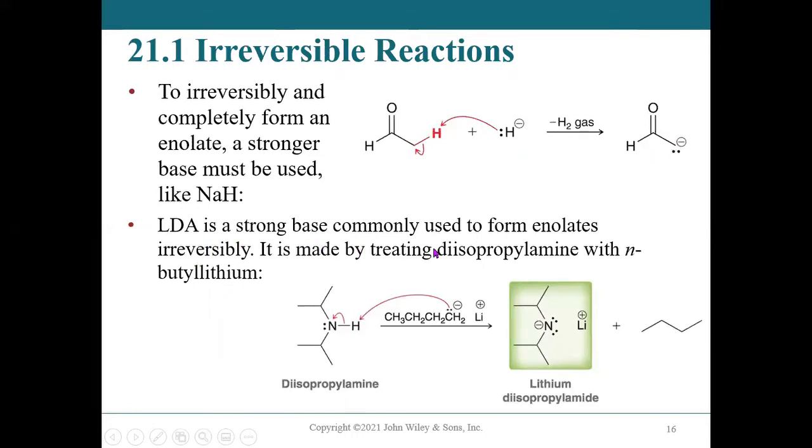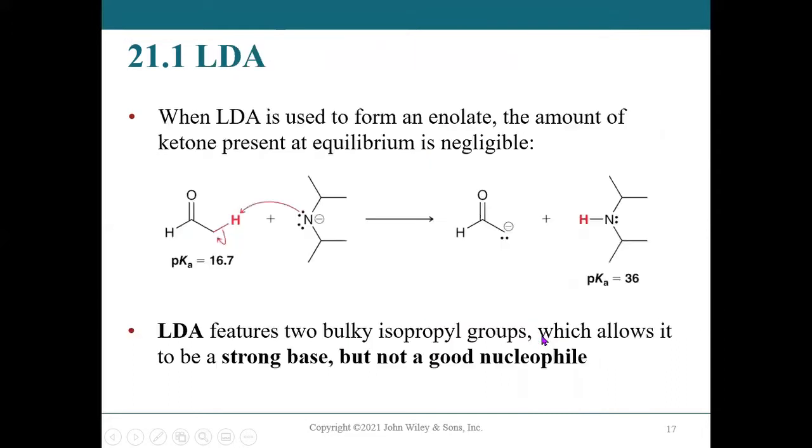LDA is a strong base commonly used to form enolates irreversibly. It is made by treating diisopropylamine with n-butyllithium. So here is the process that produces LDA, lithium diisopropylamide. It's a very strong base, powerfully strong.